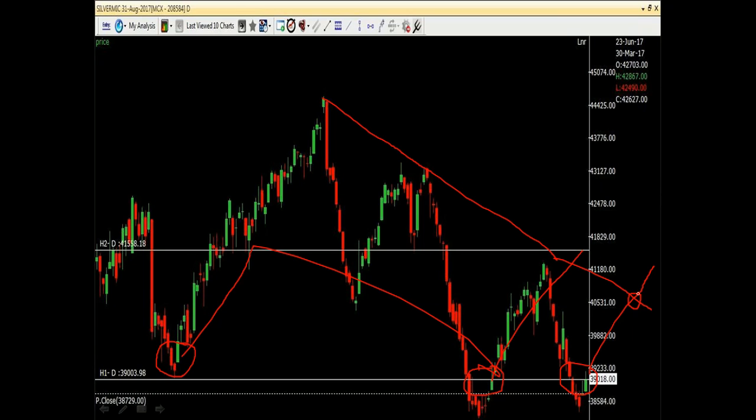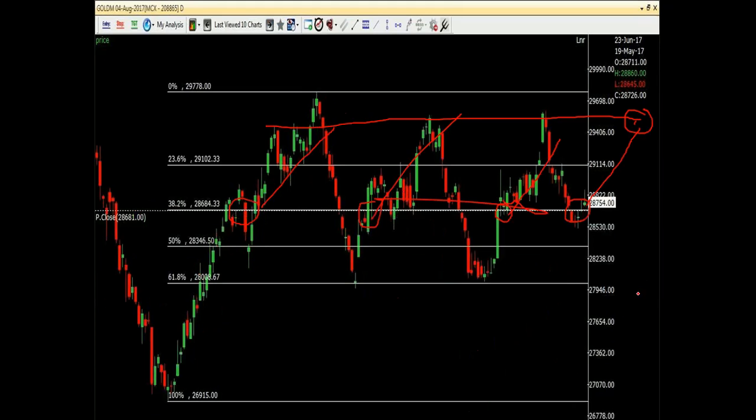Coming back to looking at the fundamentals, let's go back to the gold chart. The recent highs it formed here at 29,500. The prices fell because we were expecting Janet Yellen's testimony that week, and the market was expecting a rate hike in the US.